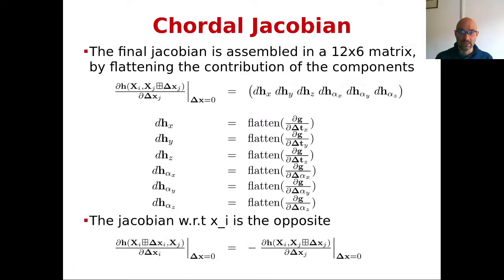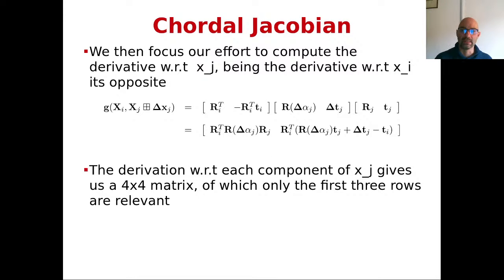Now, what about t? You can see it here. The delta t. If I derive this object with respect to delta t, this component here will be 0. This component here, if I do the product, I have r transpose r alpha tj, which if I derive it with respect to delta t becomes a 0.